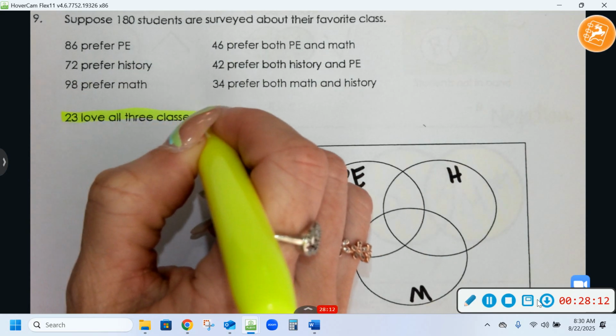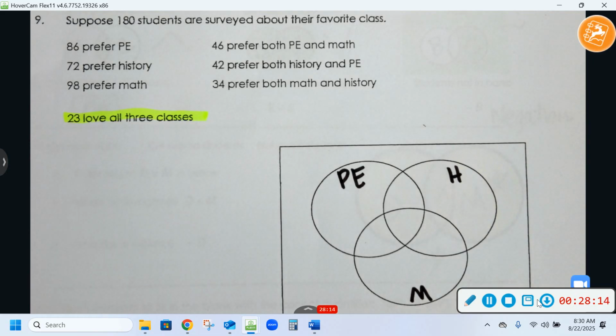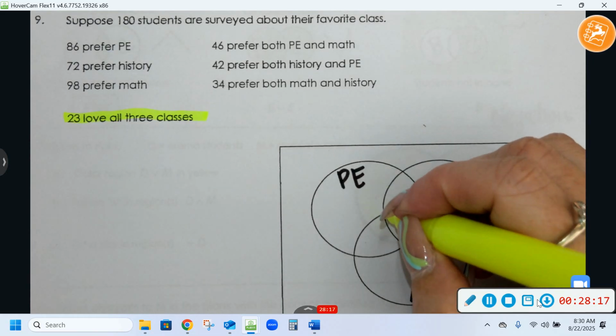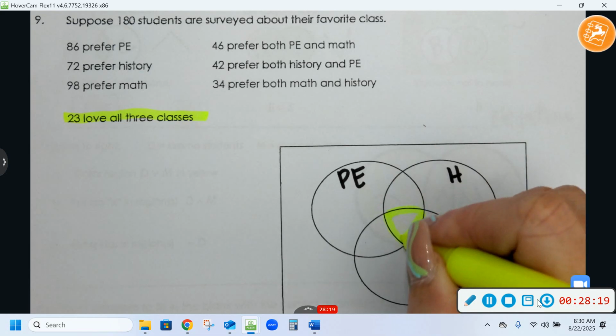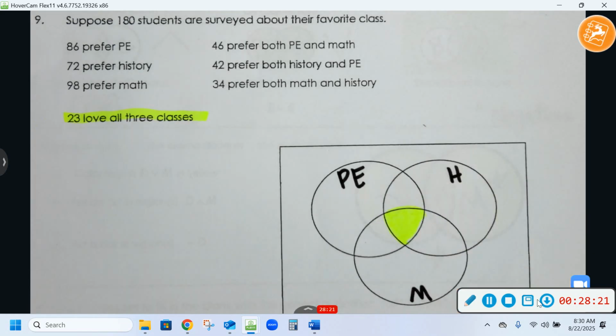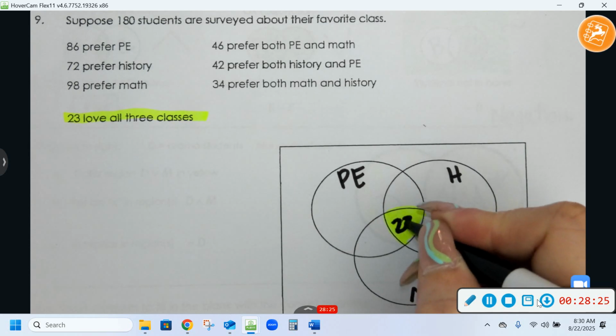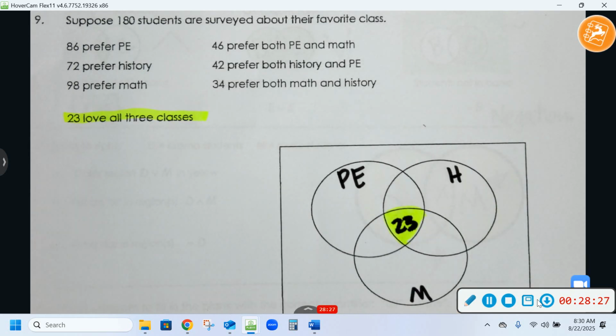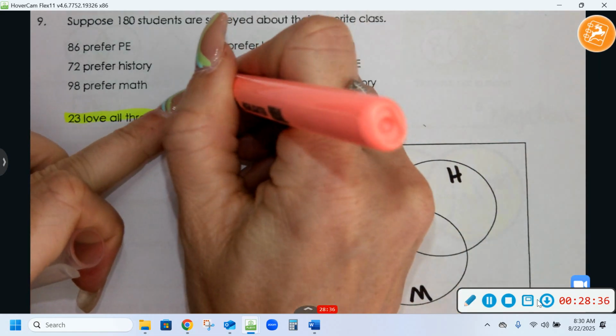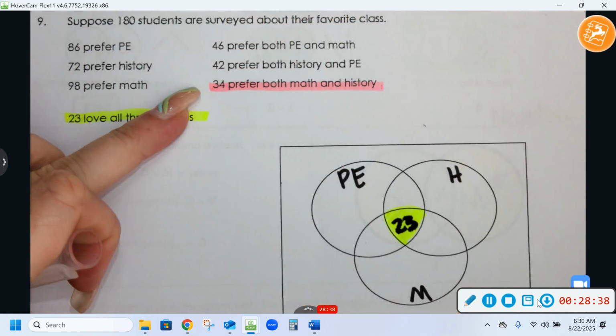23 students loved all three. So we took a survey. 23 kids live right here in the middle, and they love all three classes. From there, I'm going to work out. I'm going to go to a petal. 34 prefer math and history.